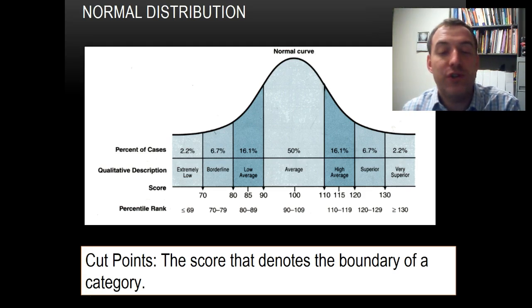In a normal distribution, the idea is that the majority of students developing a skill or developing anything will all be around the middle. So if we were to line up a whole bunch of students in your classroom and to measure, let's say, height, you'd find that there's a whole bunch of students in your class who are all about the same height.